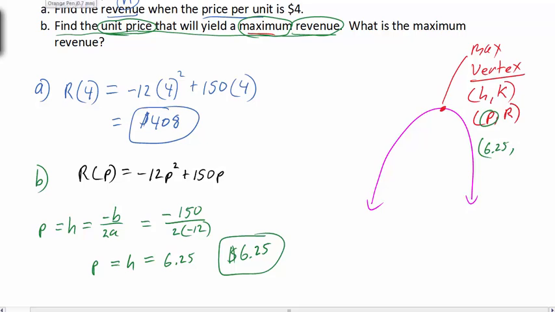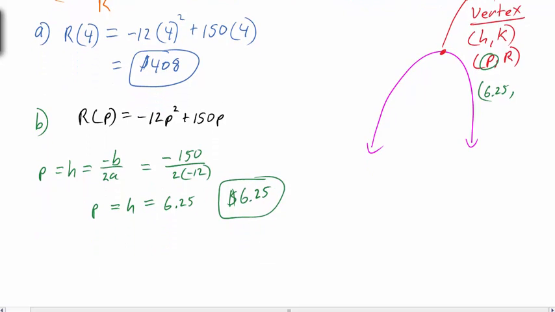Now, the second part to the problem says, what is the maximum revenue? So that is, what is the maximum R? So the maximum revenue is what we're looking for. Well, we already know what the x value or the p value is. It's 6.25.